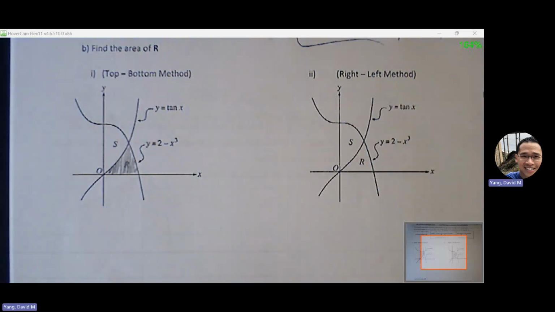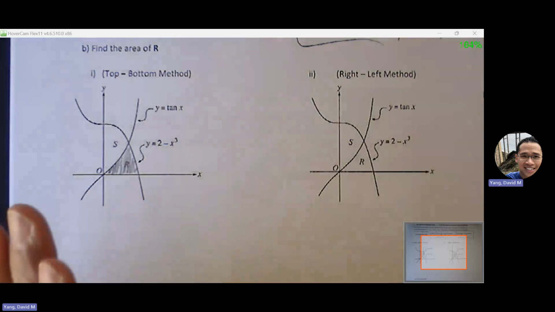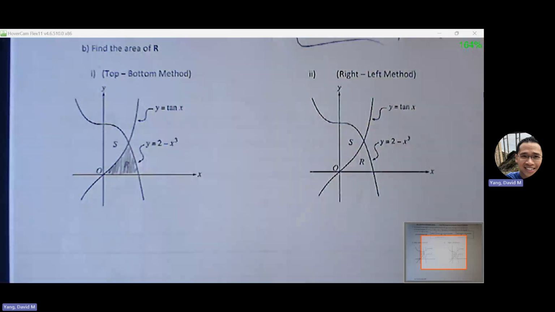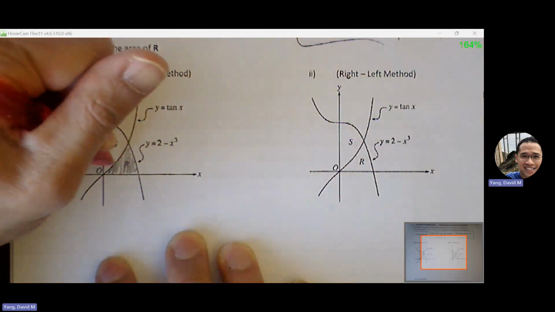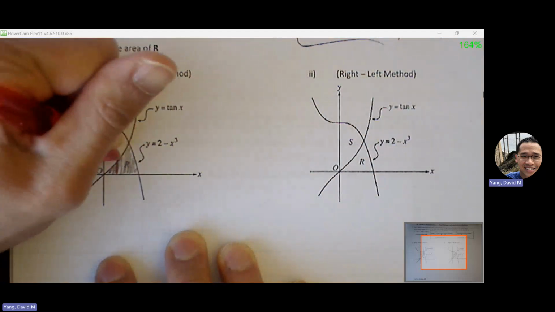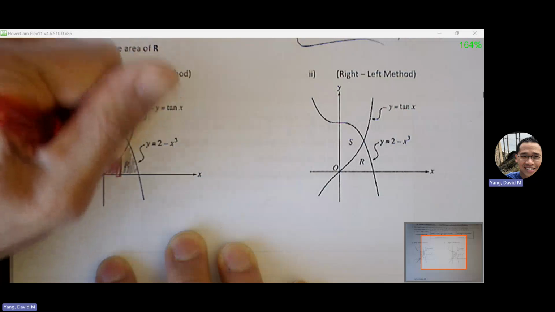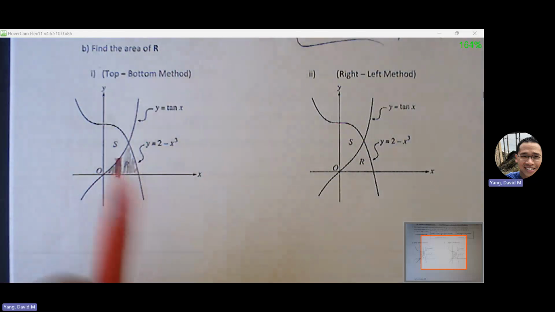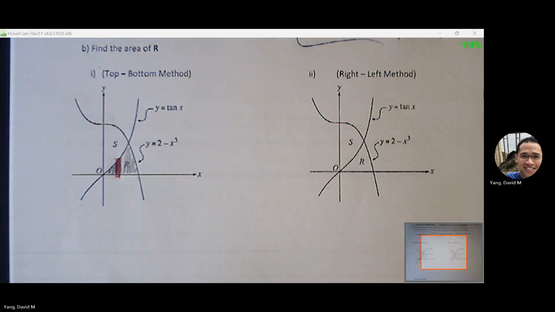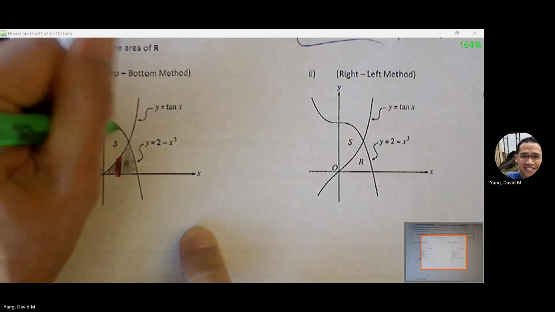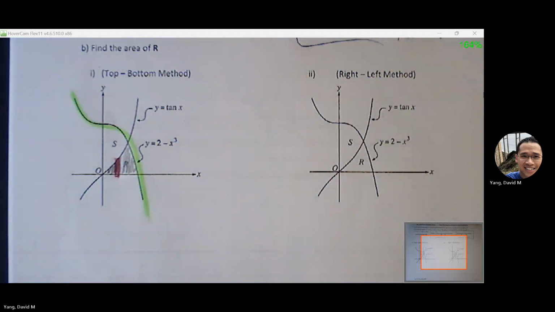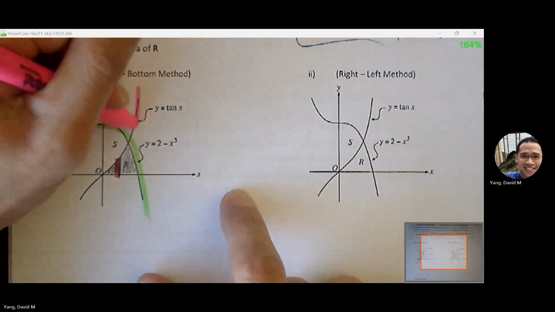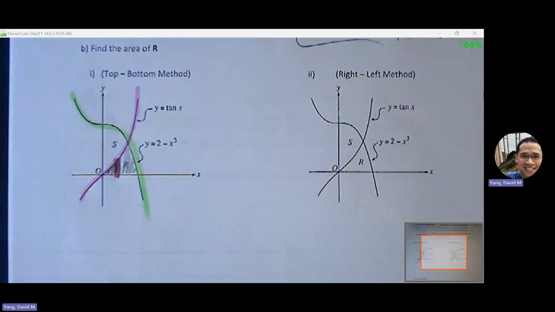All right, we want to do top minus bottom, so we're going to be imagining that we're stacking these vertical rectangles from the left boundary to the right boundary. But for region R, if I were to imagine all these rectangles being built, are these rectangles going to hit the same graph throughout the entirety of my shaded region? Or is it hitting multiple graphs?